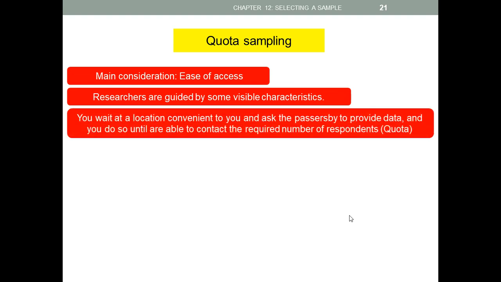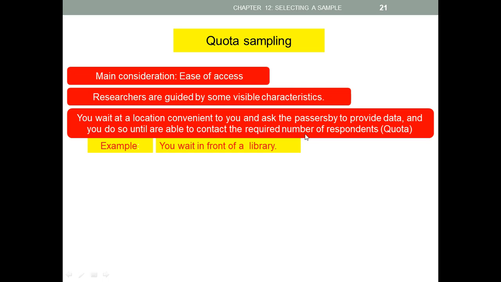So you approach, as stated earlier, a coffee drinker, or you approach smokers, based on the visible, observable characteristics, and then you keep recruiting or contacting the people until you reach the required number.